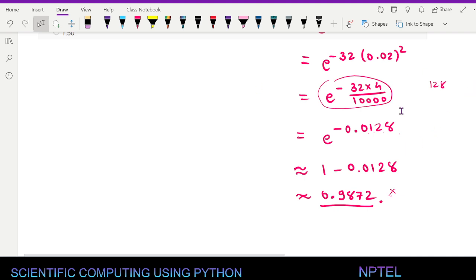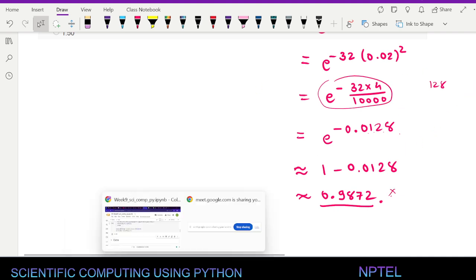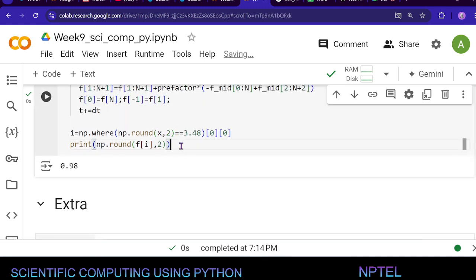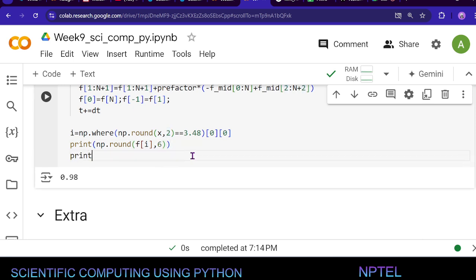Because we did a Taylor expansion, nonetheless, we can actually write down the actual answer. So let's not round it off. Let's say up to 6 decimals and then print the actual answer, which was np.exp.